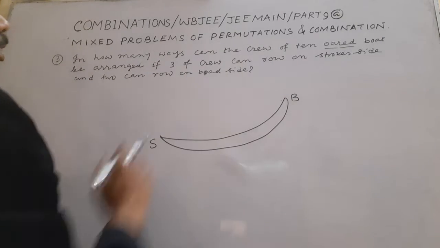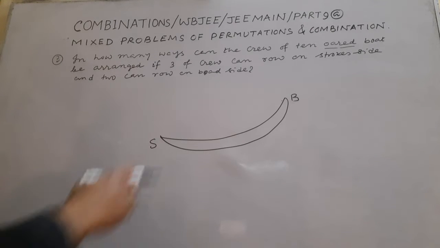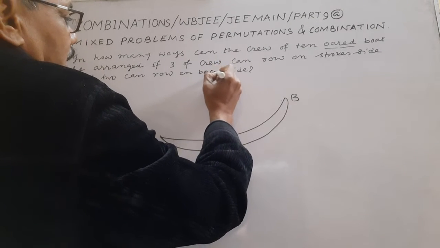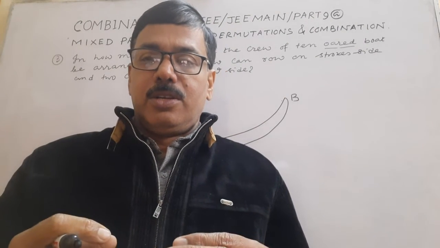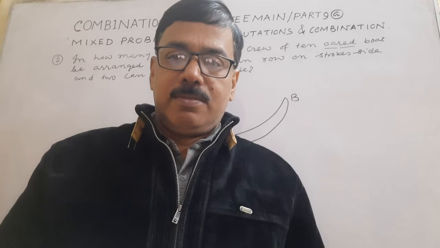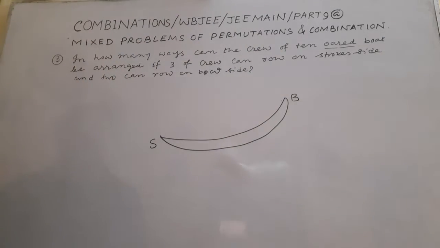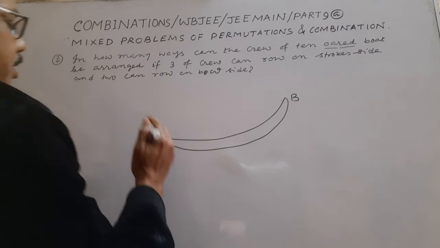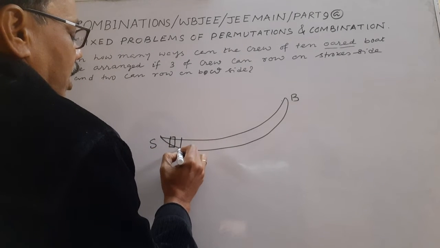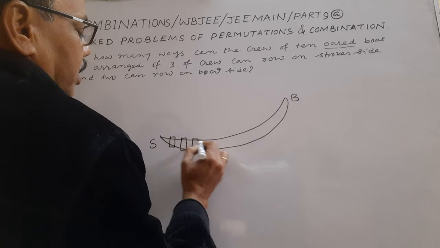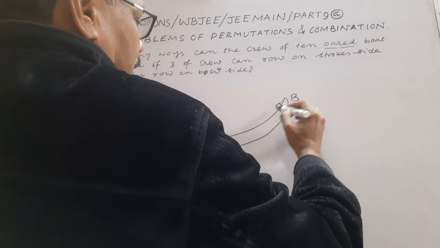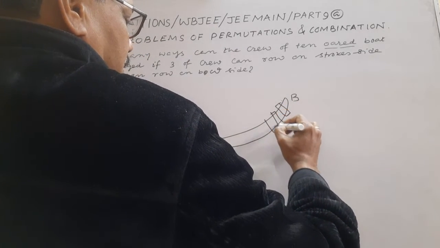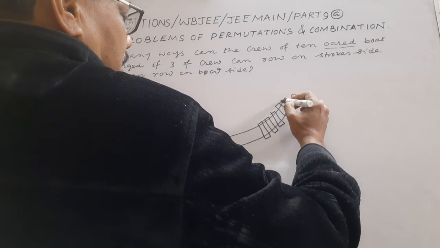This is bow side, not boat. So here we assume that in stroke side and bow side, number of crew are same. So total 10, so here 5: 1, 2, 3, 4, 5. And here also 5: 1, 2, 3, 4, 5.